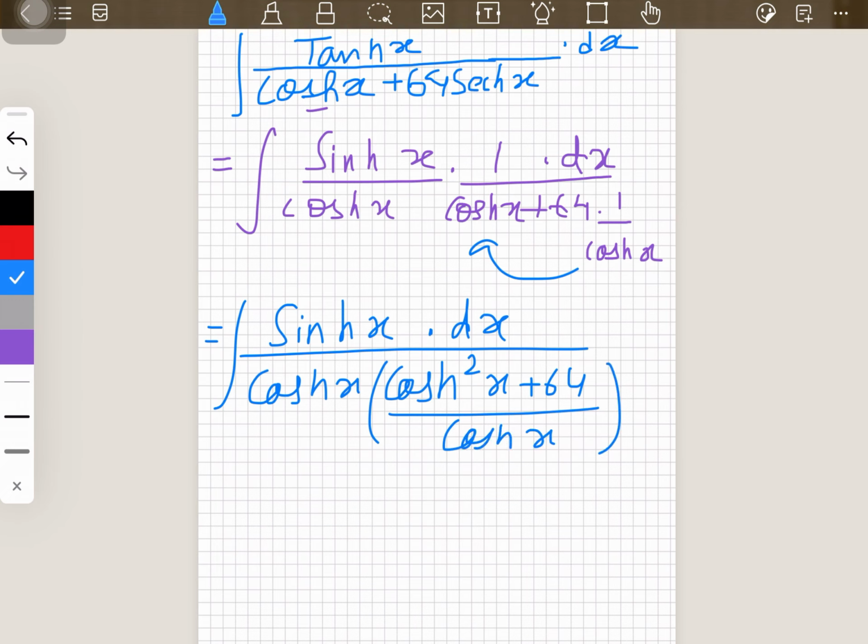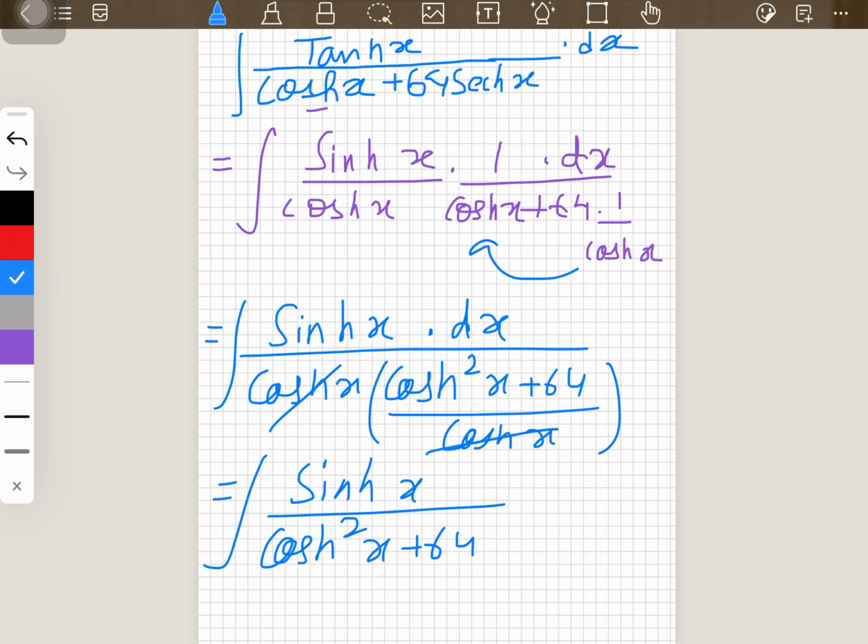We just took the LCM. This cosh x cancels this cosh x. So now what we have is sinh x over cosh square x plus 64, of course, times dx.